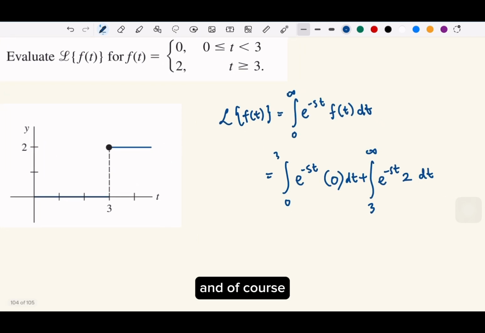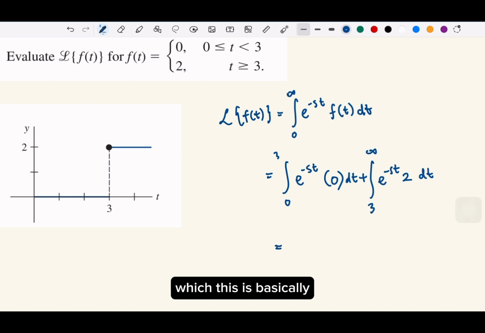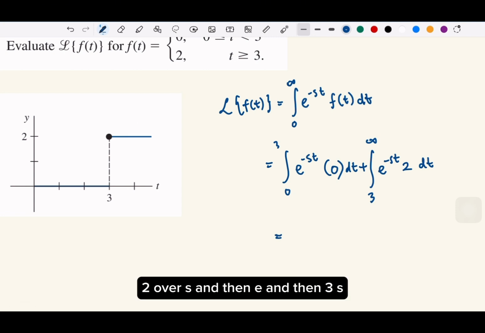And of course, since the first part is 0, we can ignore it and focus on the second one, which is basically 2 over s times e to the negative 3s, right?